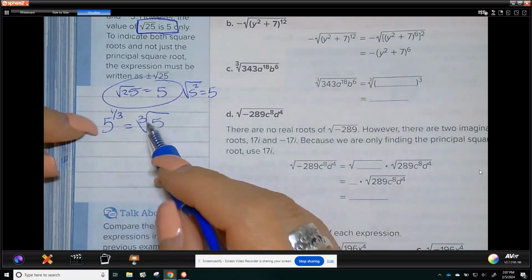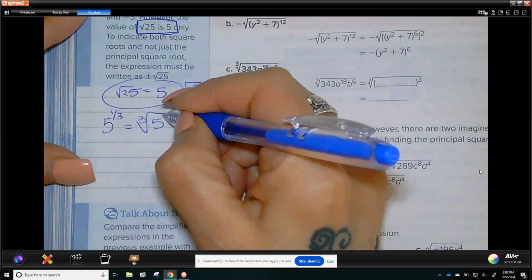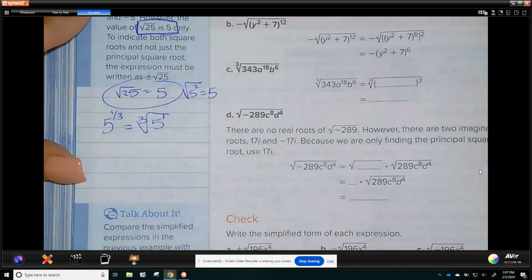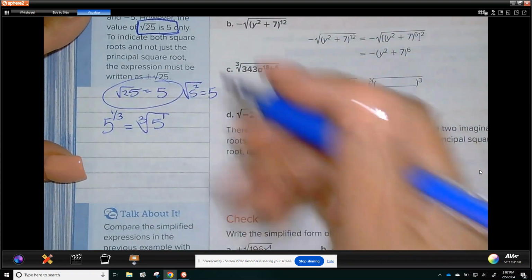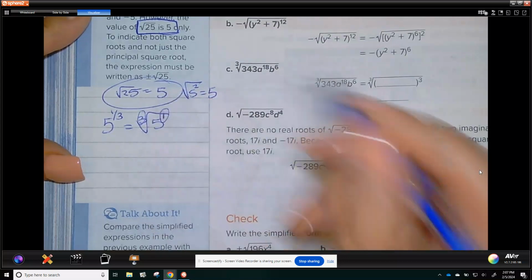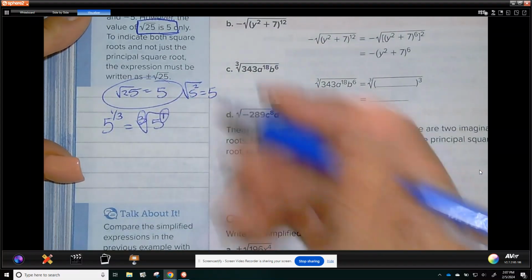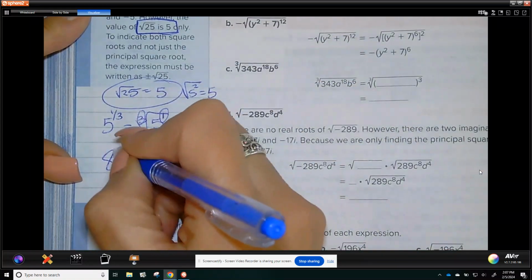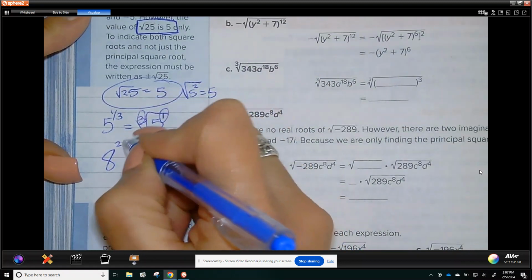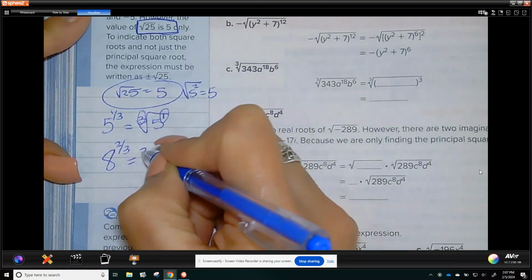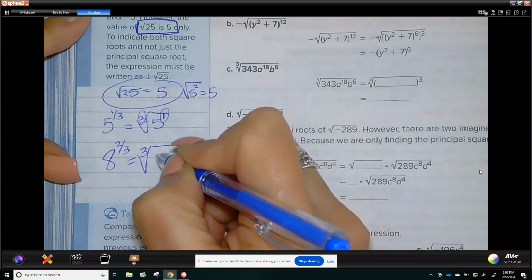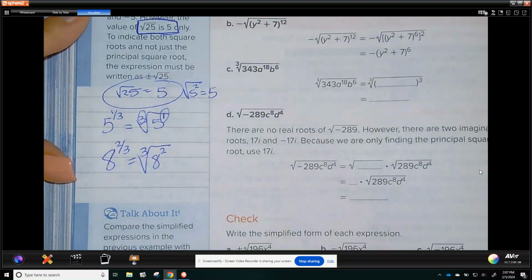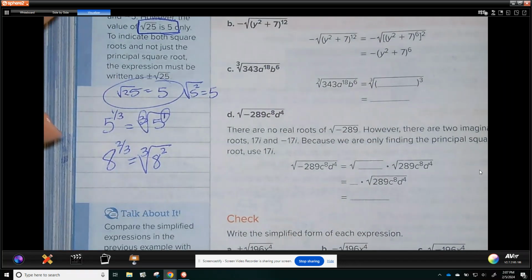Now, how are these connected? 5 has an exponent that we don't write of 1. So it's always your exponent over your index. Okay? So if I have 8 to the 2/3, all right, these two are equivalent.